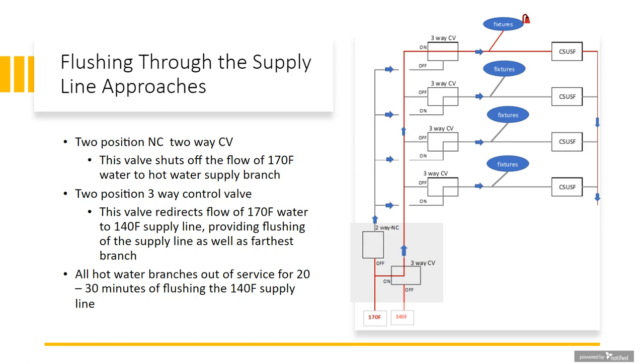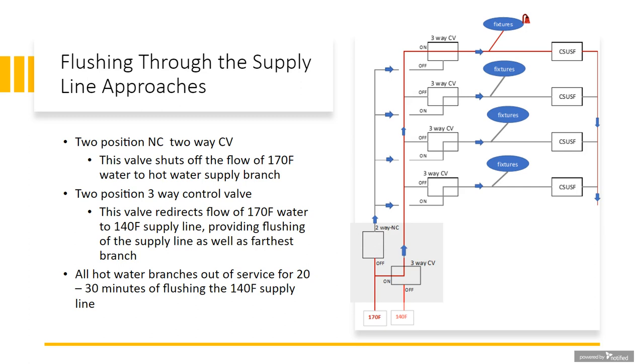And then to the right below that is a 3-way control valve, just like we talked about previously. So in this case, if you want to thermally disinfect your primary supply line, you would energize that 3-way control valve so that input 1 is on, and you would make sure that the 2-way control valve has no 170 water flowing through that.